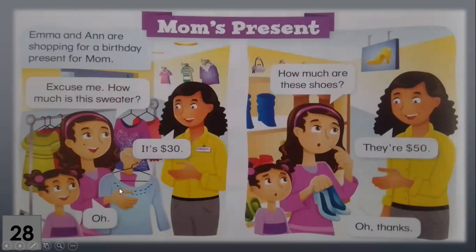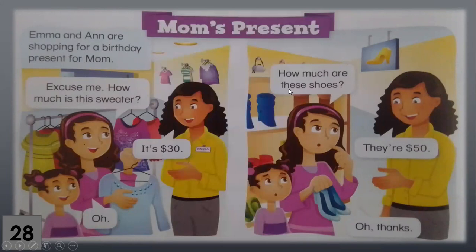Now in this part, we can see that Emma is asking about this sweater. She wants to know the cost. How much is it? How much is this sweater? It's $30.